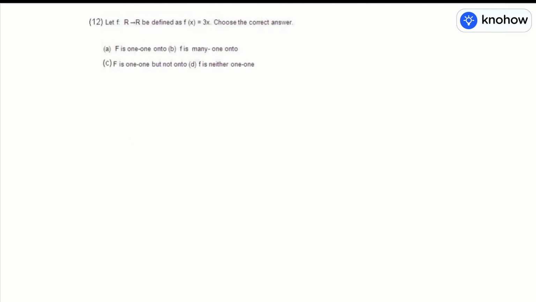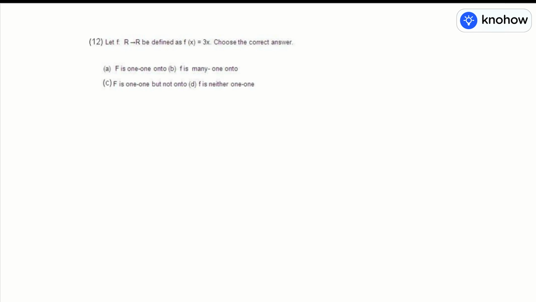Now next we have to check the function from the set of real numbers to real numbers defined as f(x) equal to 3x, whether it is one-one, onto or not, and there are 4 choices. Okay, so f(x) is equal to 3x. Check one-one.